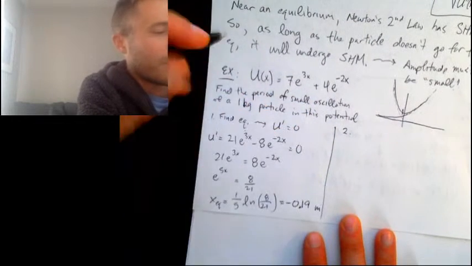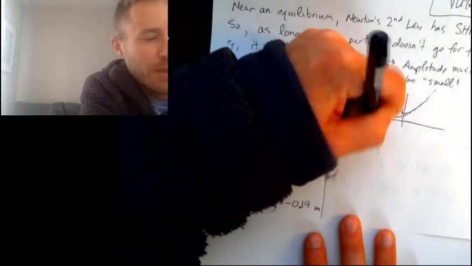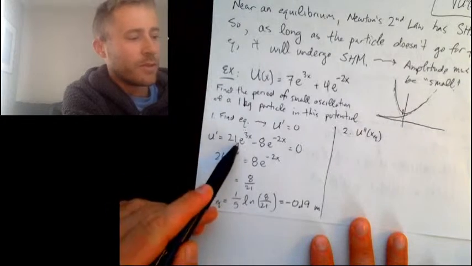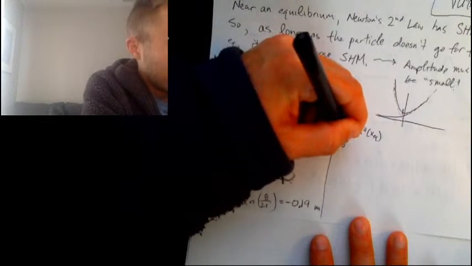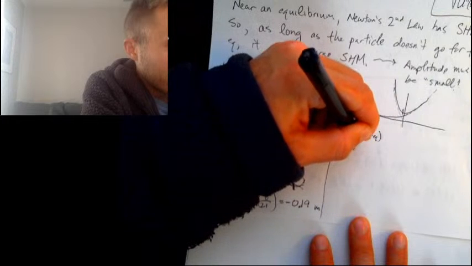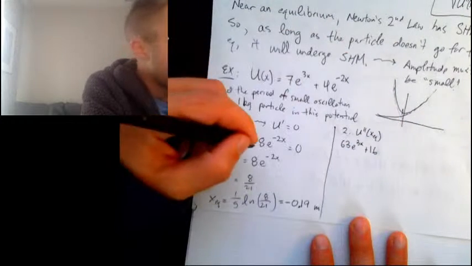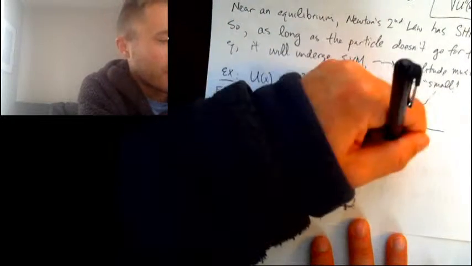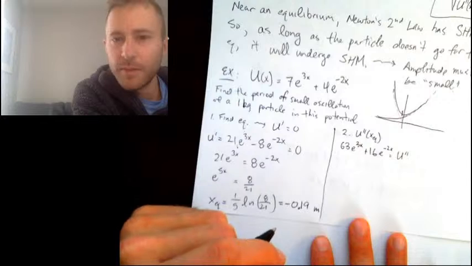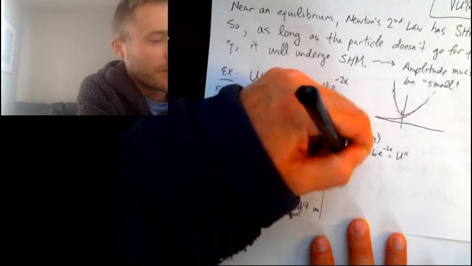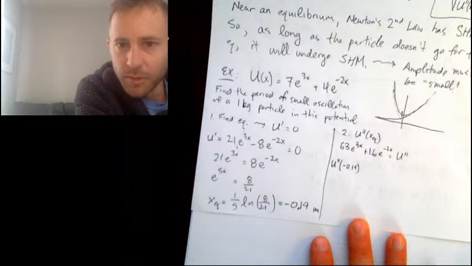So now step 2 is I want to evaluate u prime prime at the equilibrium point. So now I need to take one more derivative of this. That's going to give me 63 e to the 3x plus 16 e to the minus 2x. That's u prime prime. Now I need to evaluate u prime prime of negative 0.19 because that's where the equilibrium is.